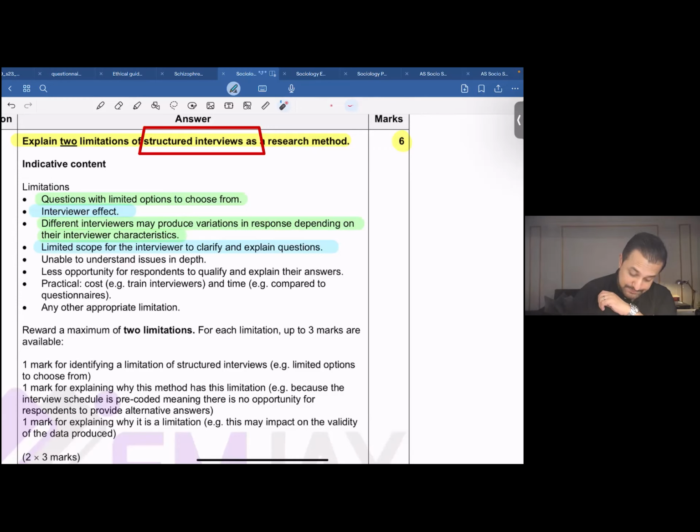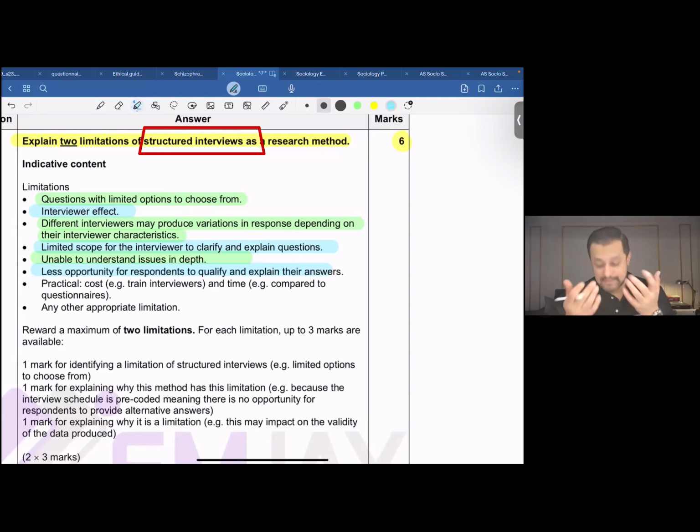The next point over here: unable to understand issues in depth. Again, structured interviews typically have questions that do not allow the respondent to give answers in depth, which could be seen as a disadvantage. There's less opportunity for respondents to qualify and explain their answers.